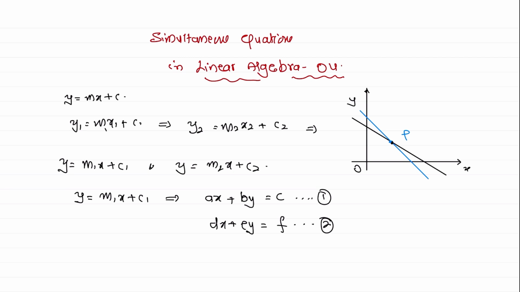If the solution happens to be in the complex plane, then it is a complex solution, meaning the number is imaginary. Then this point P, we can say P11, P12, is the point of intersection of these two lines. This is the basic meaning of a solution to a simultaneous equation.